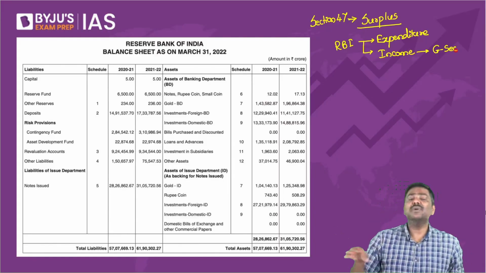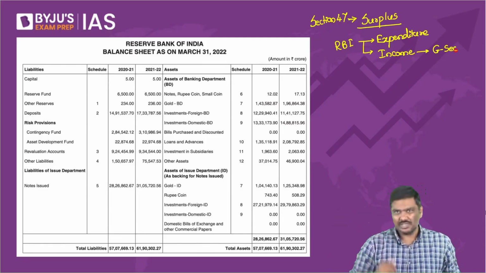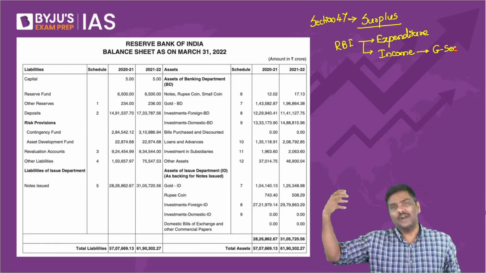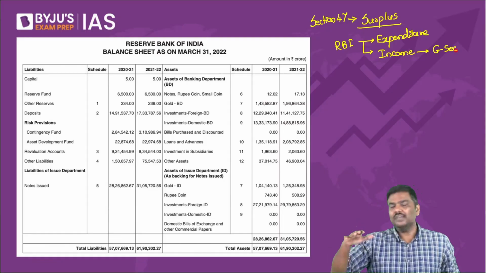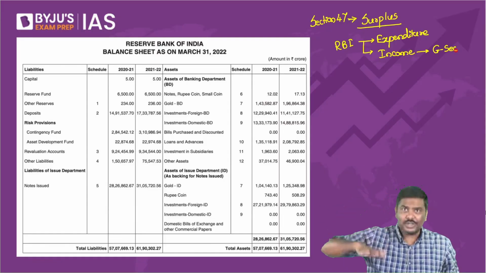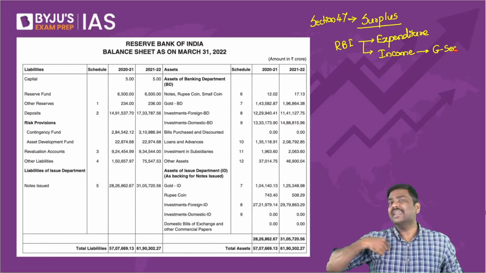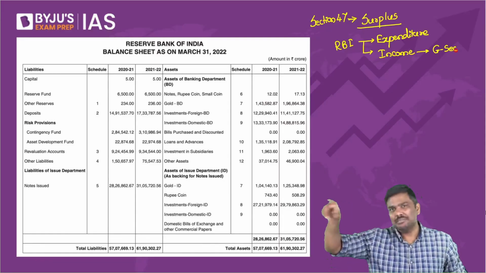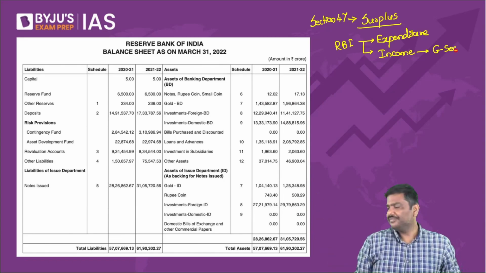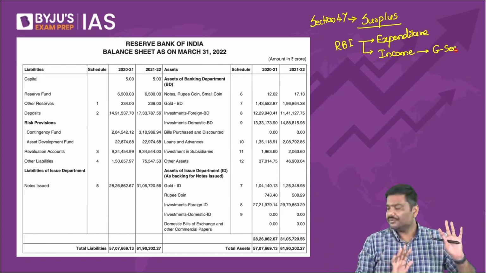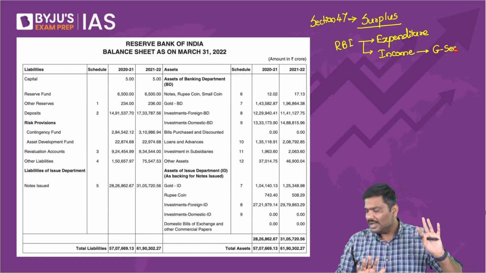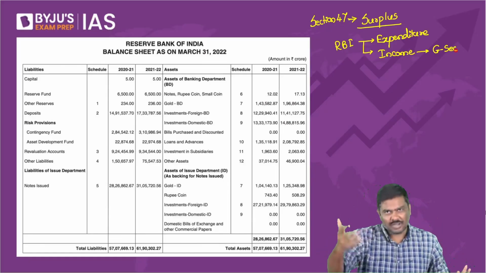Now, please tell me, if a government security is purchased by RBI, let's say at 90 rupees, and has a face value of 100 rupees, don't you think if that government security matures today, RBI will get the principal of 100 rupees plus a coupon rate? Let me know, yes or no. Anybody has a problem with this?